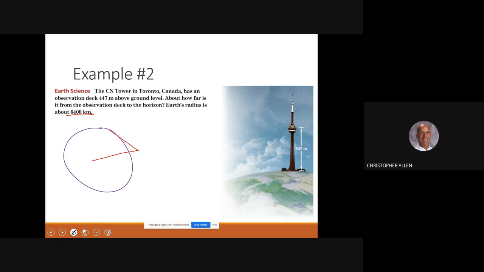It's not a very good picture. And I'm going to draw this like this. Now this distance right here, I'm going to add this little segment piece right here. And I'm going to tell you that that is 447 meters. That's what that distance is. And I'm also going to tell you one other piece of information, which is that this is 6,400 kilometers. Okay. Jennifer, does that look anything like what you drew by chance?